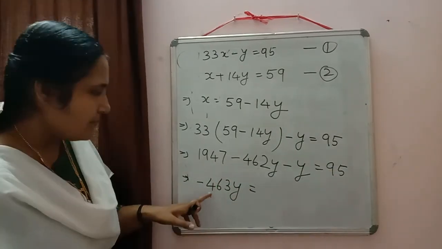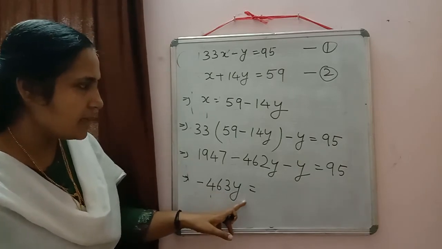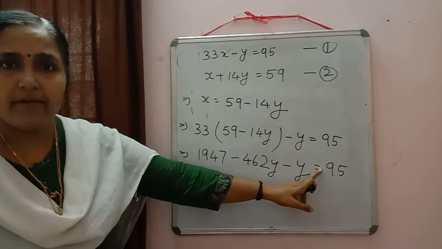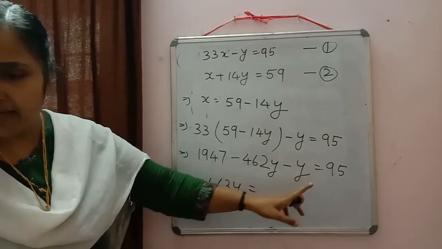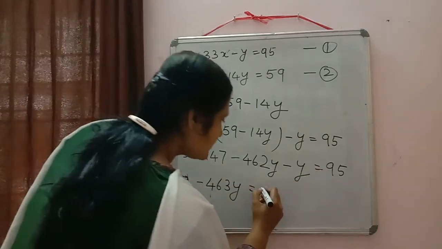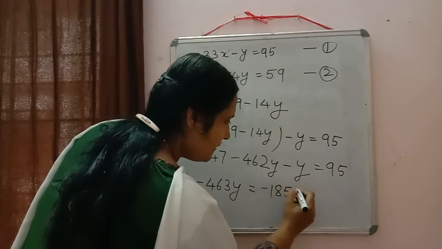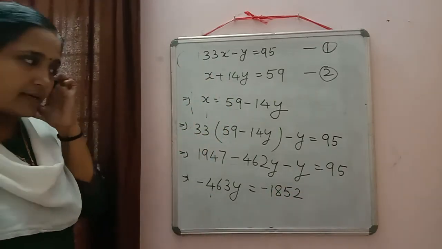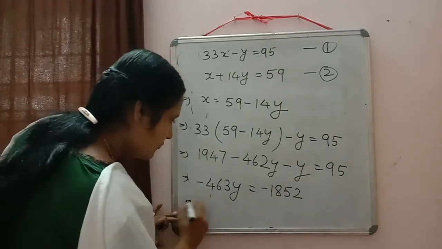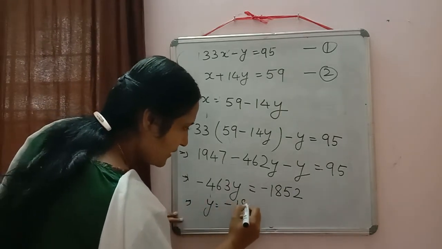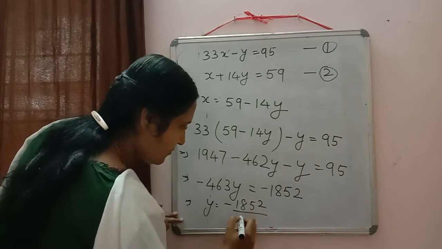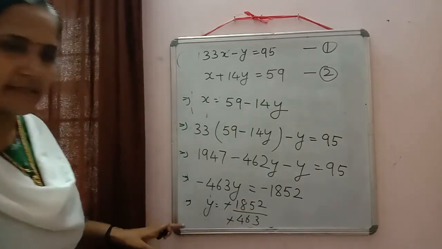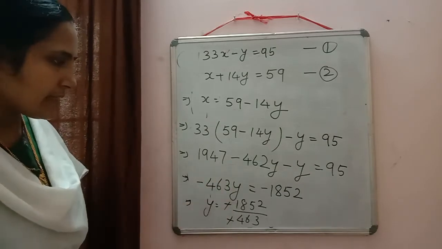So that will be equal to minus 1852. What we are getting? Minus 1852. So y will be equal to minus 1852 by minus 463. These two minus signs will get cancelled there, and this one you can cancel it.